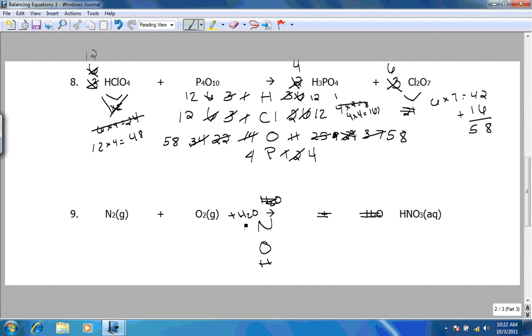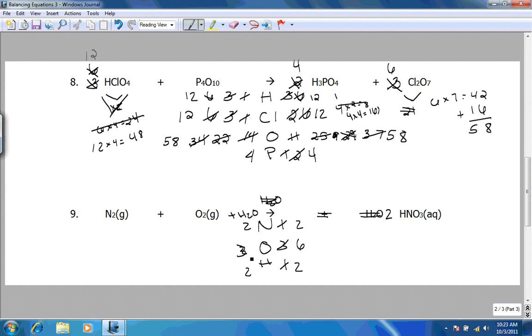Okay, so I have 2 nitrogens and 1 nitrogen. I actually have 3 oxygens and 3 oxygens, 2 hydrogens, and 1 hydrogen. So if I multiply the left by 2, that changes the hydrogens by 2, the nitrogens to 2, and the oxygens to 6.